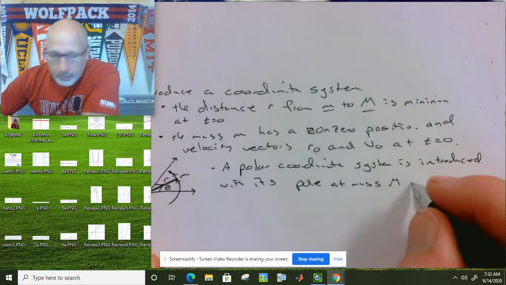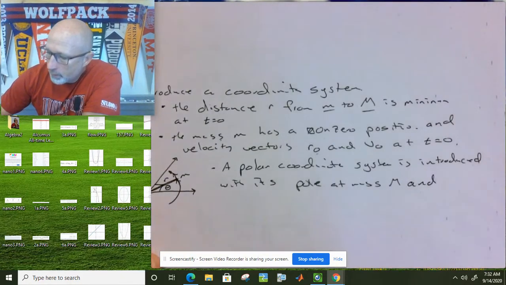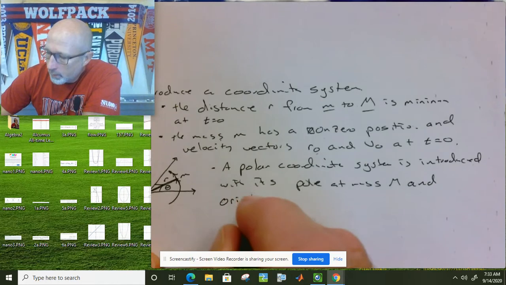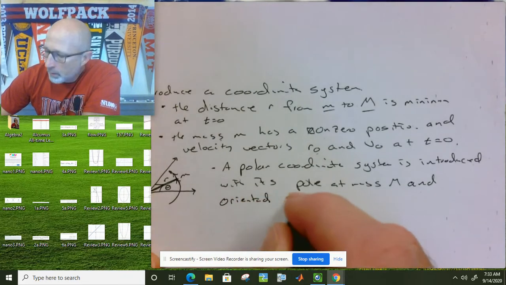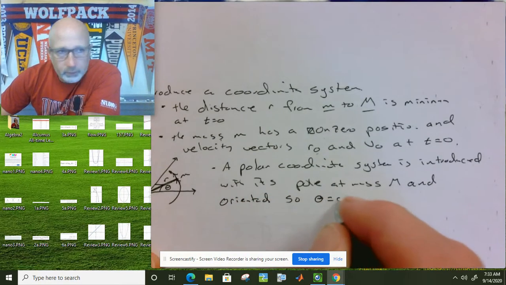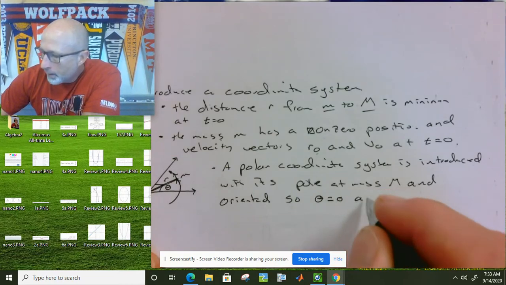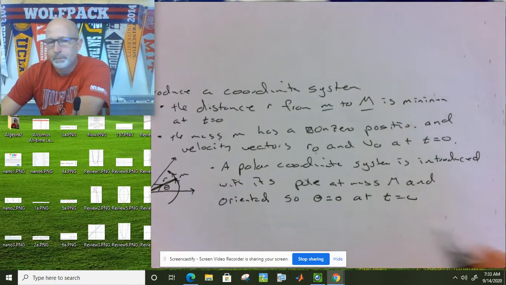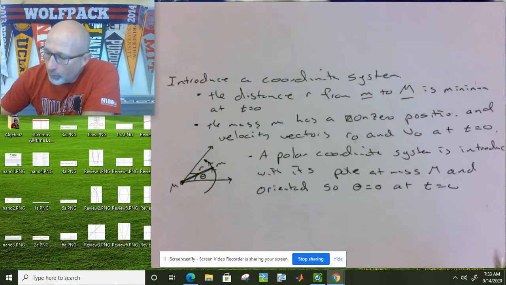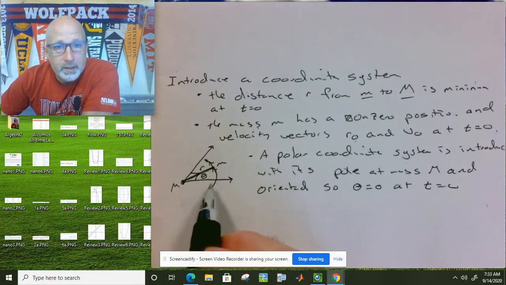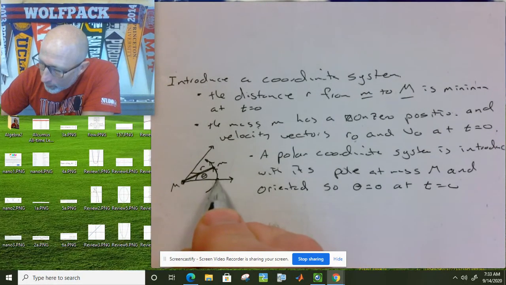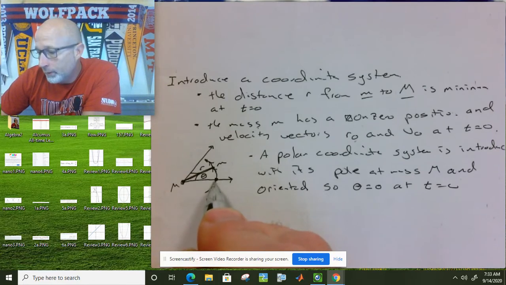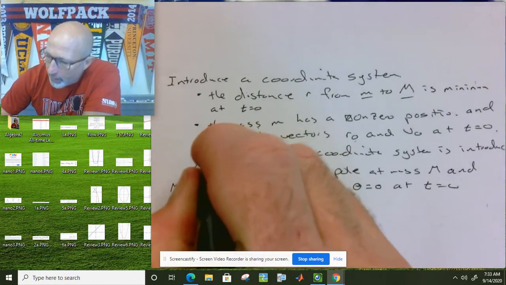And oriented so theta is equal to 0 at t is equal to 0. Basically when we start, the way we're setting this up, the lower mass or the planet is going to be right there, which will be on, if you will, the x-axis. And I call that the y-axis.